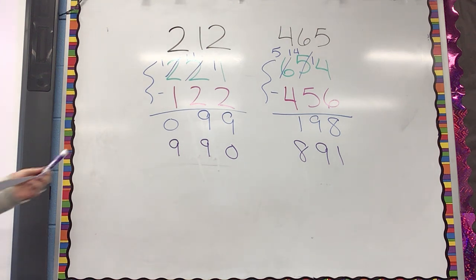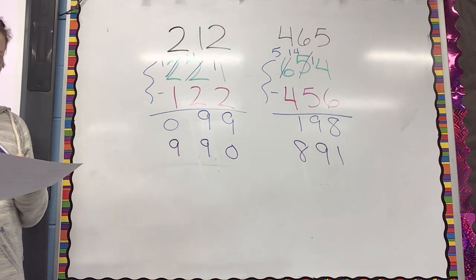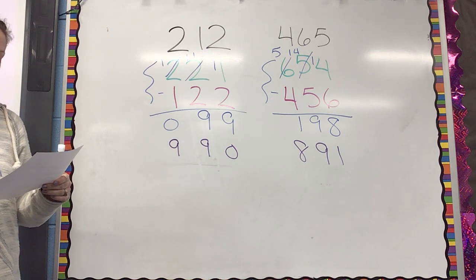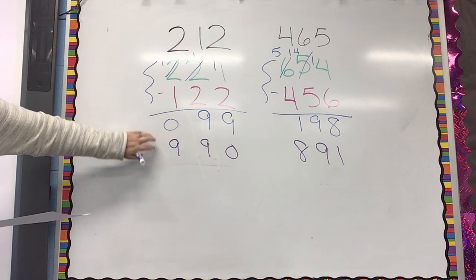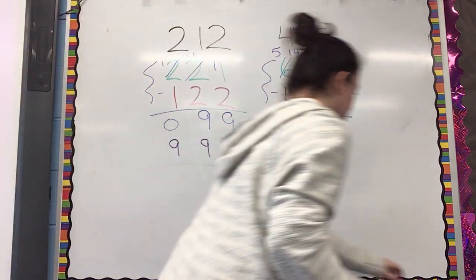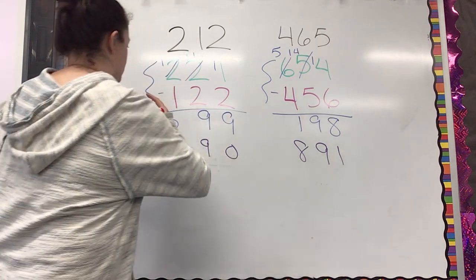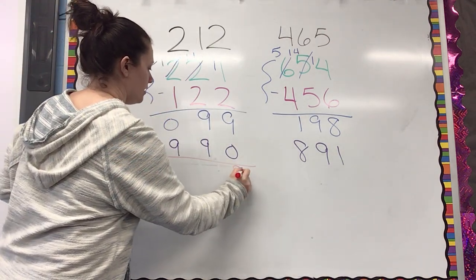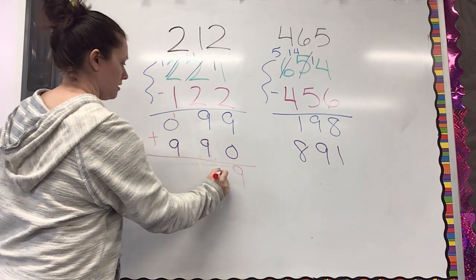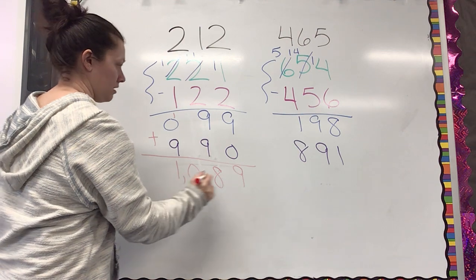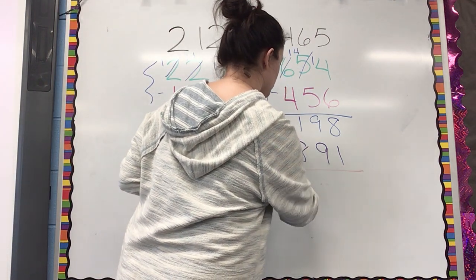So all you did was reverse your number that you got. Now you're going to add the two numbers together. So these two numbers right here, let's add them. So I've got 99 and 990. I'm going to add these two.